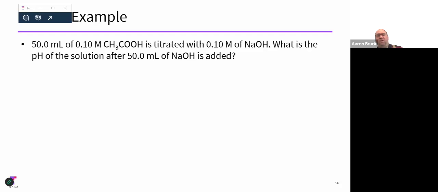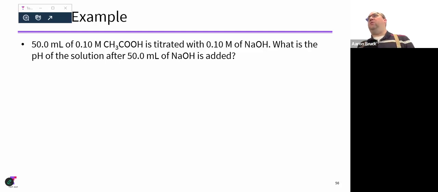So here we have 50 milliliters of 0.1 molar acetic acid titrated with 0.1 molar sodium hydroxide. What is the pH of the solution after 50 milliliters has been added? And so right away, we recognize this is a titration. I've got a strong base and a weak acid.